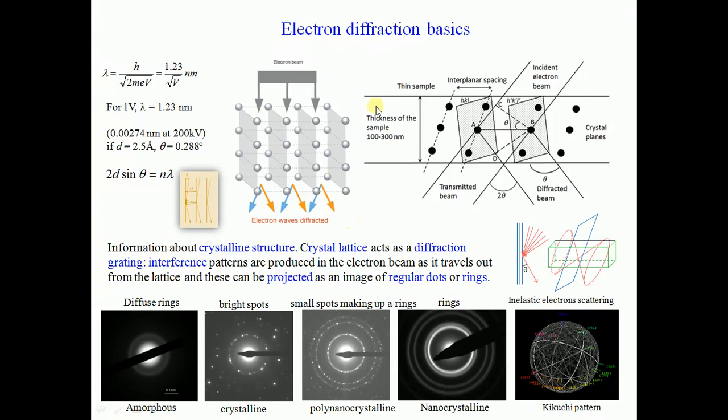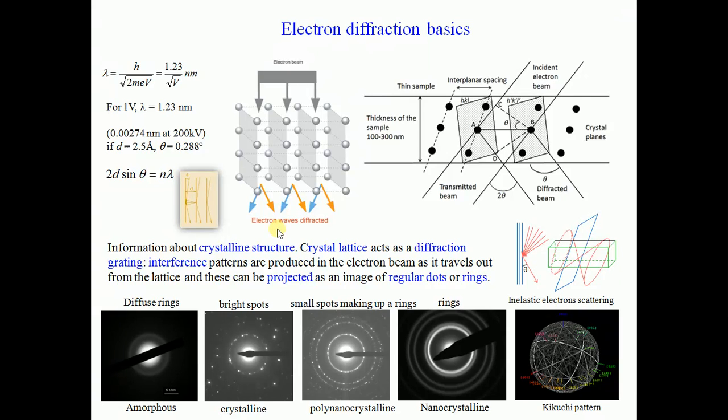Information about the crystalline structure can be obtained when we study electron diffraction. The crystal lattice acts as a diffraction grating, and for a diffraction grating we know that when electromagnetic radiation is incident on the grating, we get wavelets, and there is interference. When this interference is projected, it forms an image, and we get regular dots and rings.